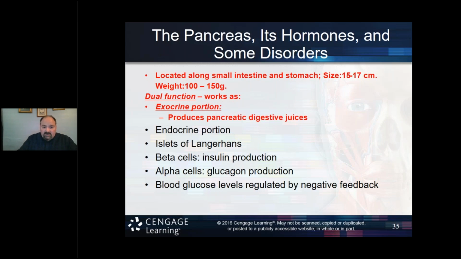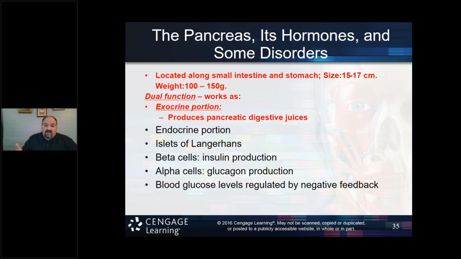Okay? But blood glucose levels are regulated, like most other processes in the body, via negative feedback. Okay? And know that insulin is going to help to lower blood glucose levels by enabling glucose to enter into the tissues.